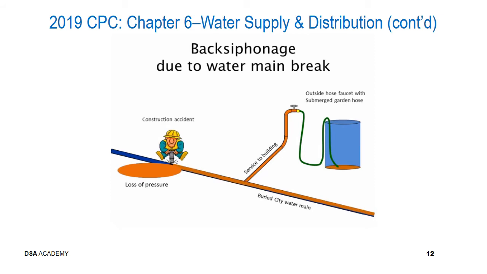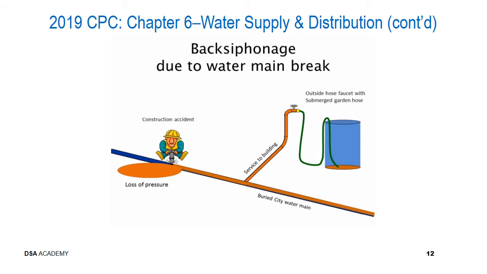This image illustrates a typical catastrophic event, and it's as simple as a utility crew inadvertently compromising a water supply line upstream, or even maybe downstream, of the potable water supply for the building. As soon as that area where the utility crew has poked a hole in the water line, there's going to be a tremendous loss of pressure and a tremendous volume of water that's going to start shooting out of that area.